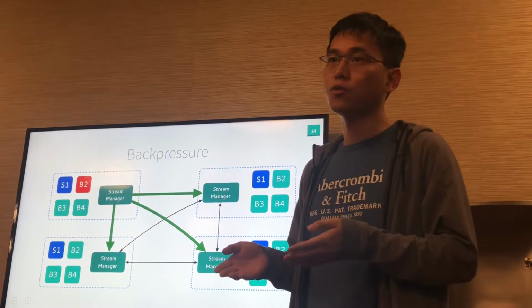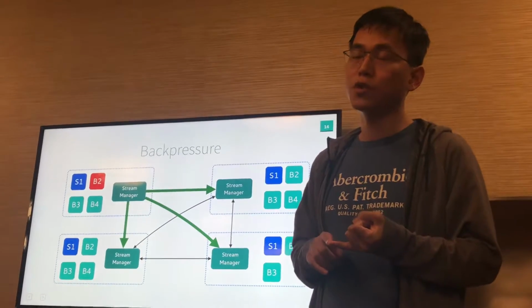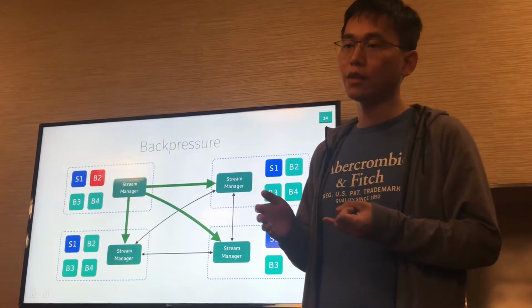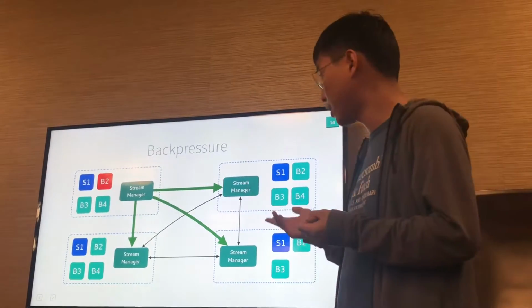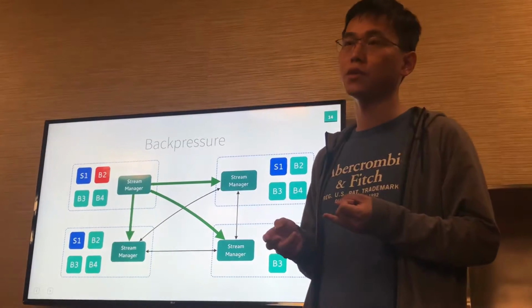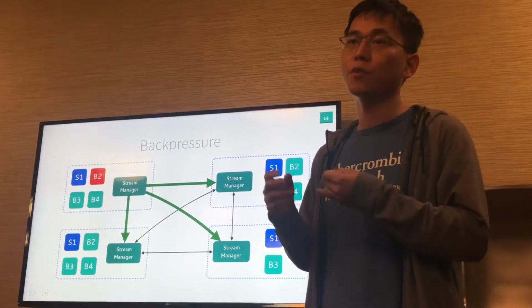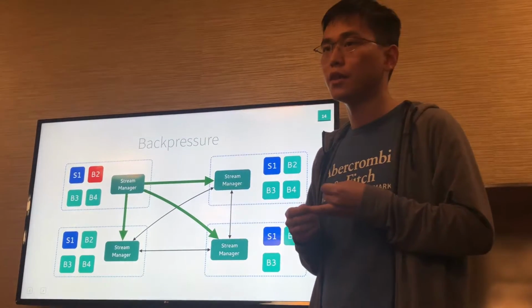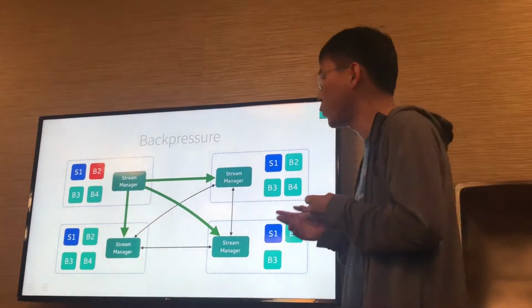First, it wants to simplify the API, providing a standard API like in Storm, with an execute method and a next tuple method, so that users can purely focus on their own application logic.